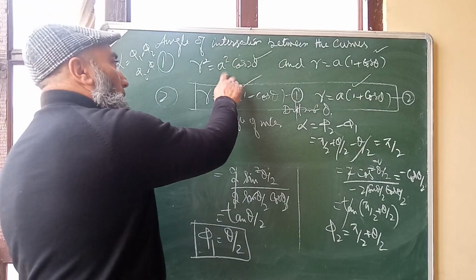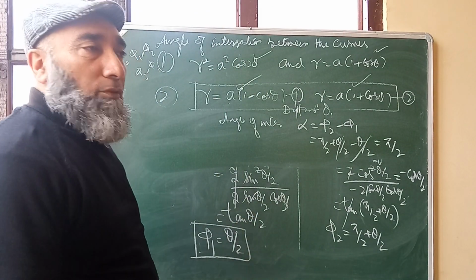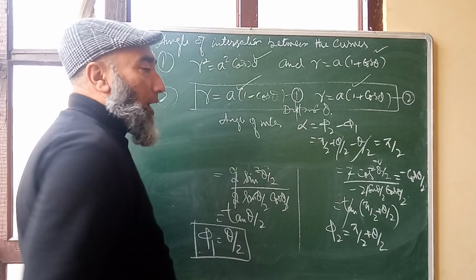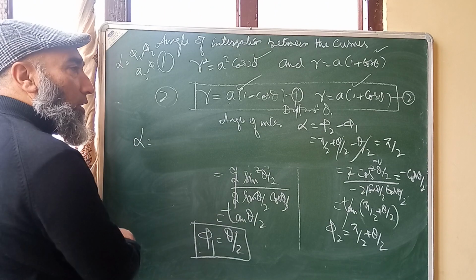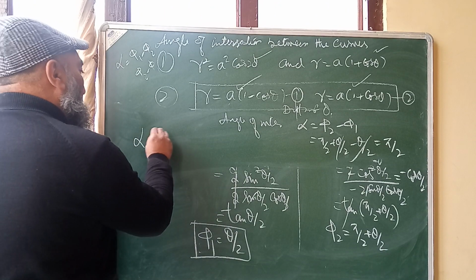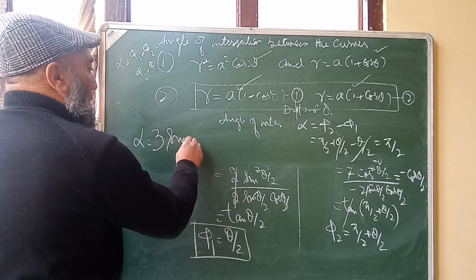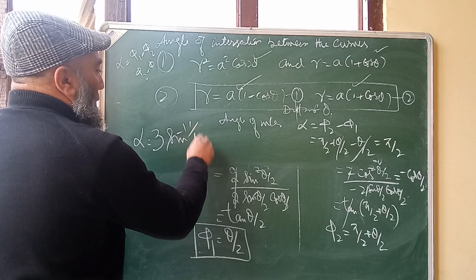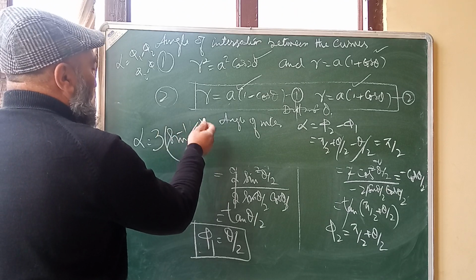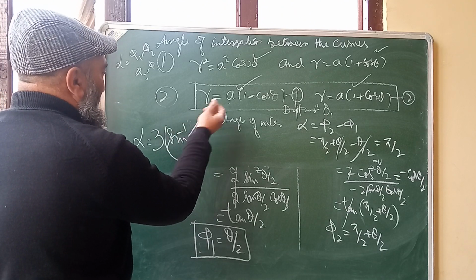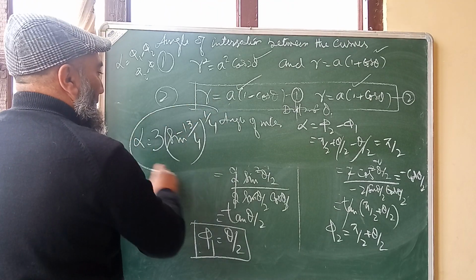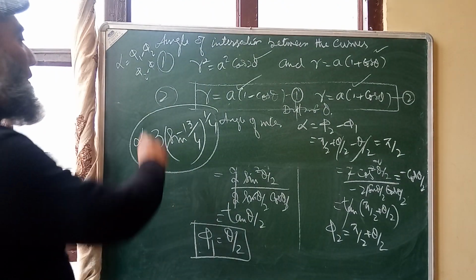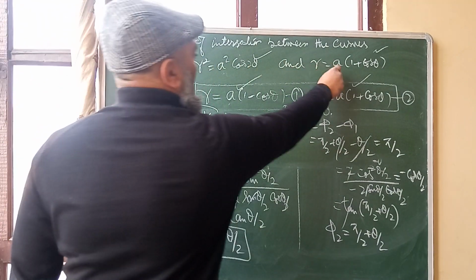Now let me find the angle of intersection for these two curves, and it is given in the book. You have to show that the angle of intersection is, I don't remember exactly, 3 sine inverse of 3 by 4 raised to the power 1 by 4, like this. This is the angle of intersection between these two curves.